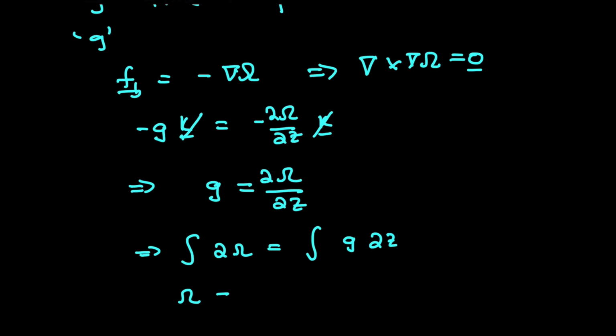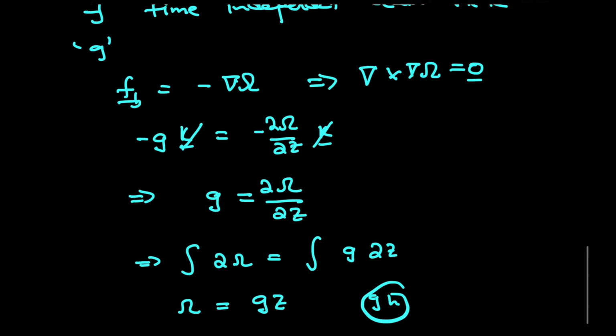So omega now equals gz, right? Or you can write this as gh. So our equation is being simplified even further.